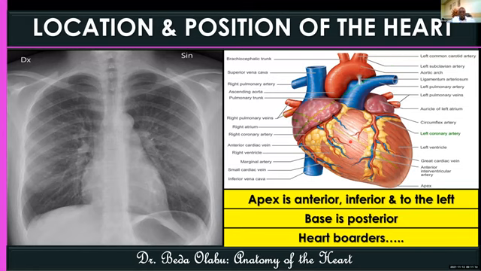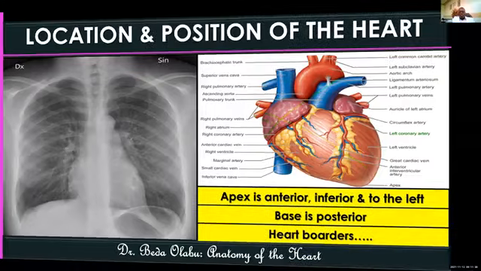Of course, in drawings, we may show them all in one plane for the ease of understanding. But in the real sense, the right ventricle is anterior, the left atrium is posterior, the right atrium is to the right, and the left ventricle is to the left. The heart is rotated.